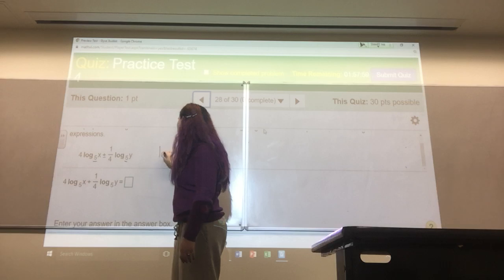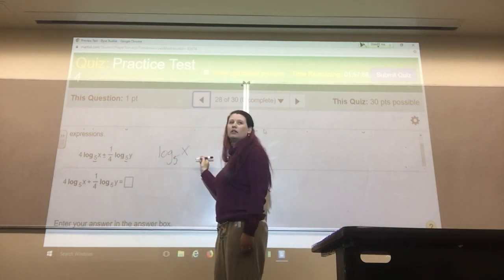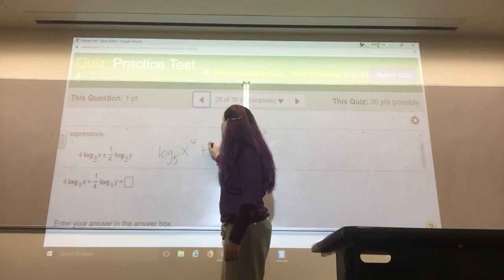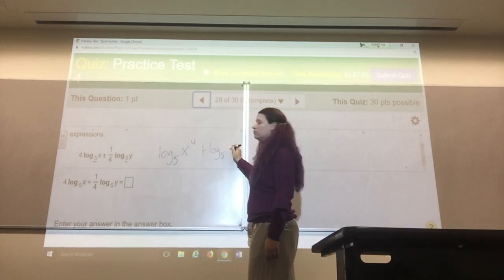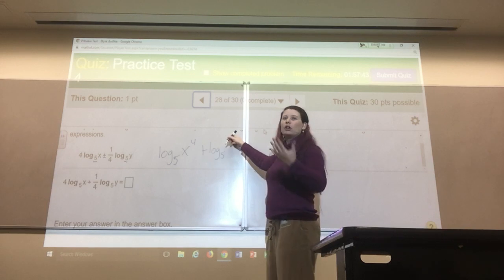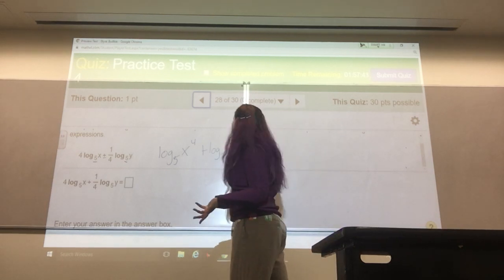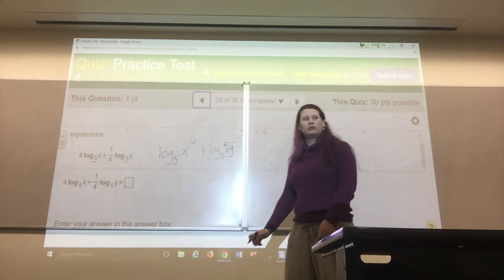So we have log base 5 of x to the 4th plus log base 5 of y to the 1/4, or the 4th root of y, right?